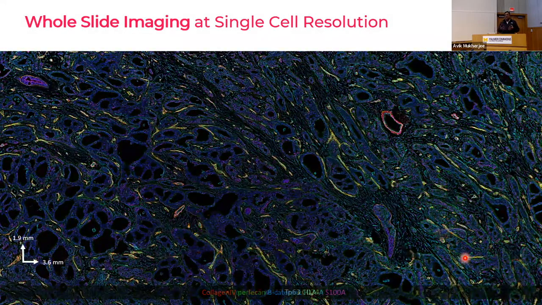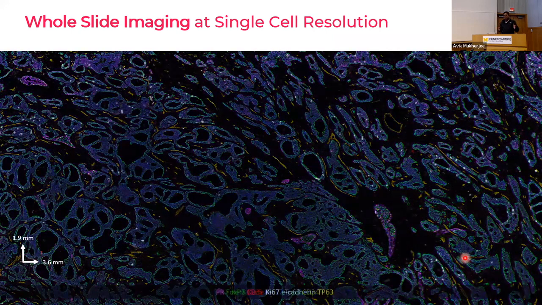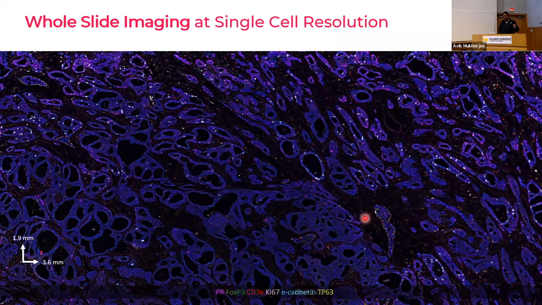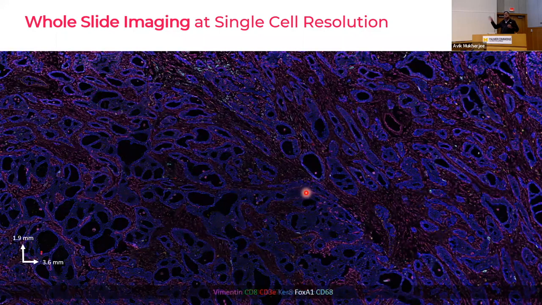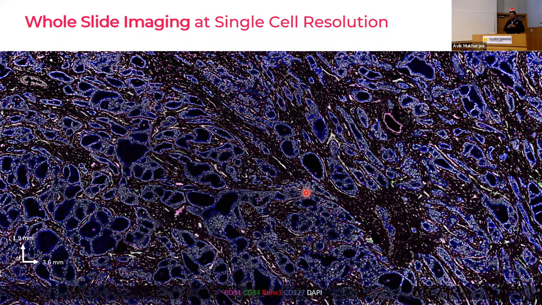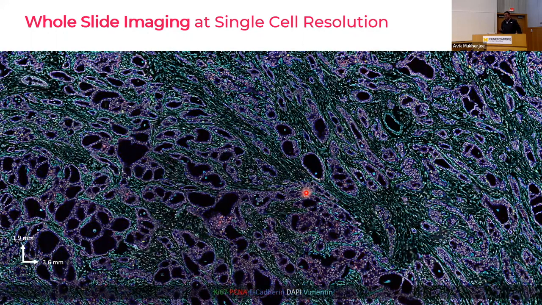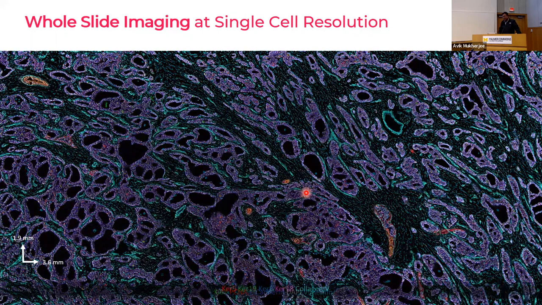And the great thing is that this is quantitative. You can make a t-SNE plot, then you can come back to the tissue and exactly locate, oh, these are the Ki67 cells that I'm seeing in my t-SNE plot. That's where they are located. What are the other things around them? And this image led to a great discovery of rare cell types.